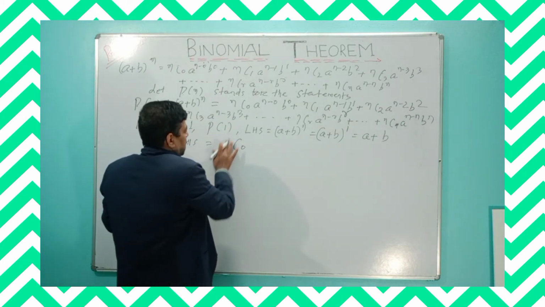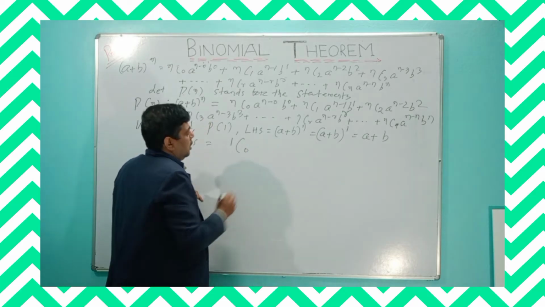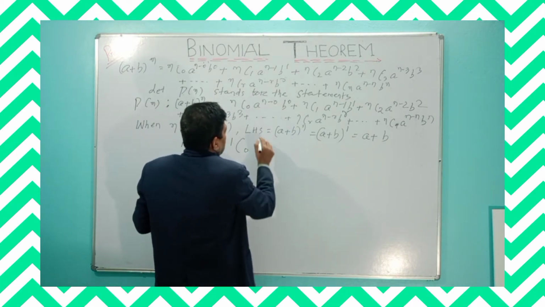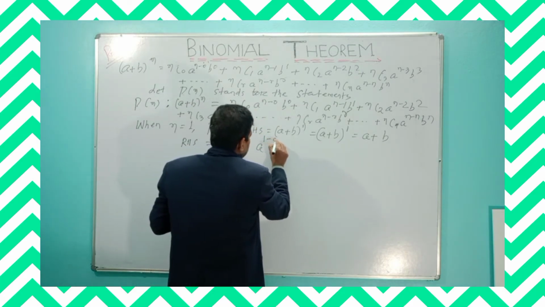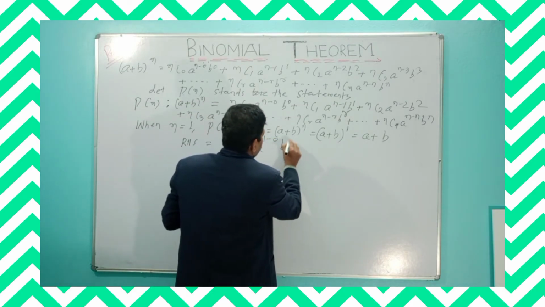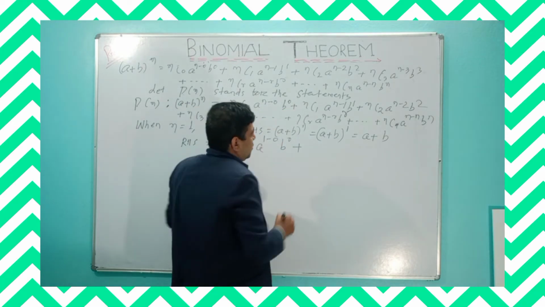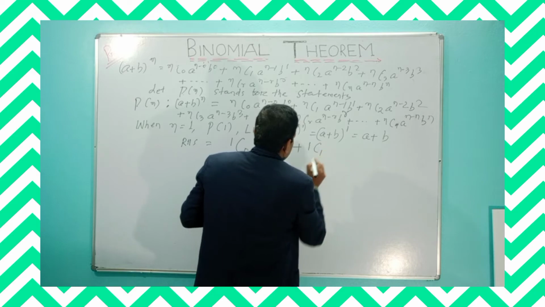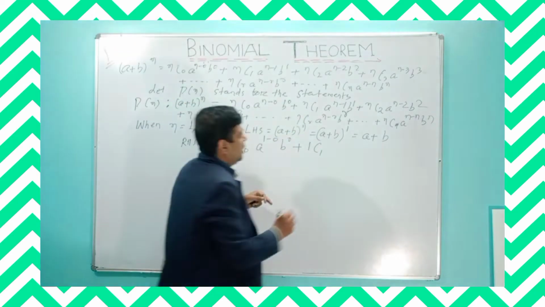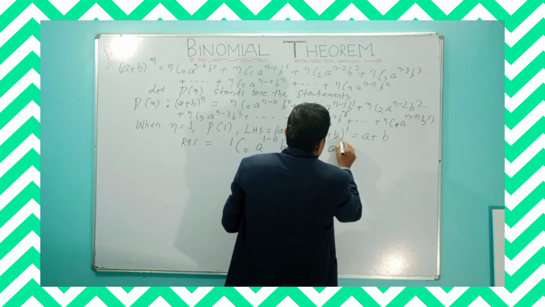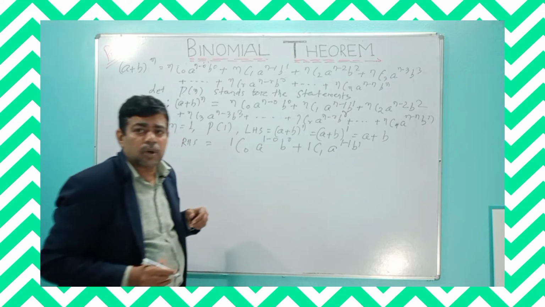Here you see 1C0 a^(1-0) b^0 plus next nC1, which means 1C1, a^(1-1) b^1.